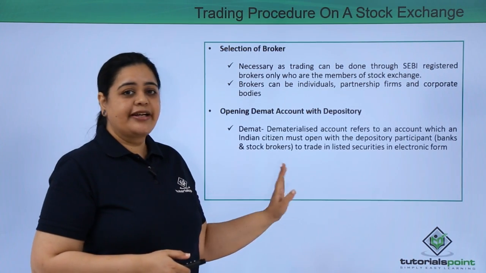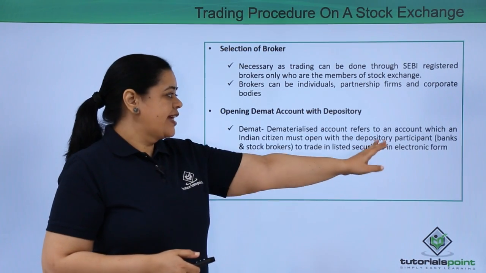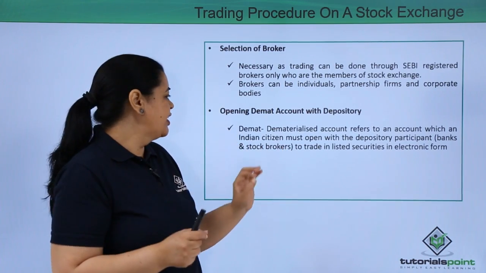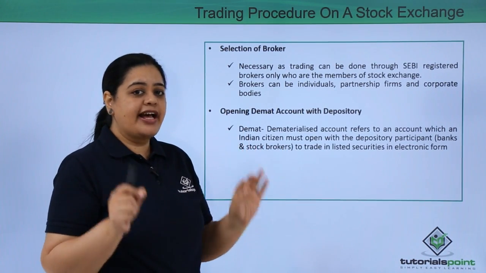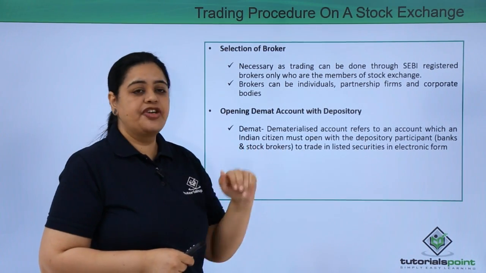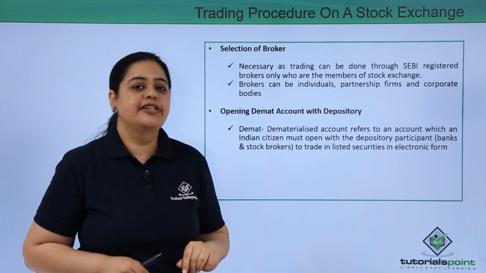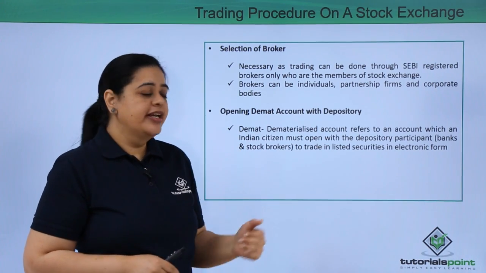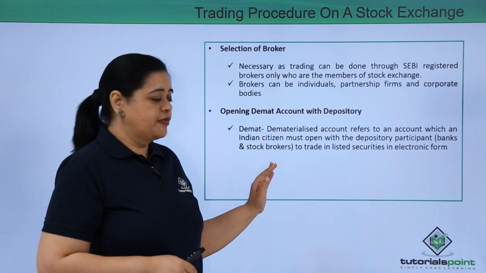Now what is a demat account? That is a dematerialized account which an Indian citizen will have to open with a depository participant. We commonly call a depository participant a DP. DPs can be banks or stockbrokers.